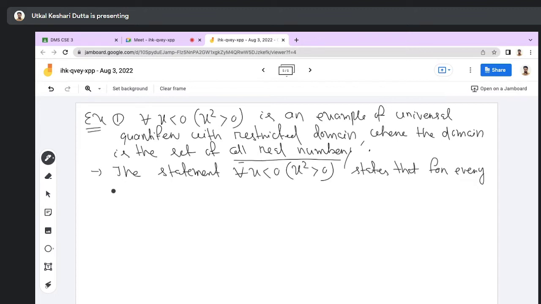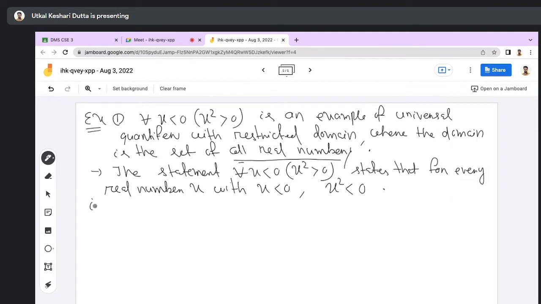So for every real number x, x is a negative real number, right? Yes, x is a negative real number. Good. So you can write for every negative real number x. Or we are writing for every real number x with x less than 0, then x square will be greater than 0. That is the same thing.